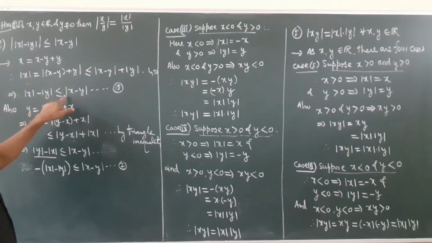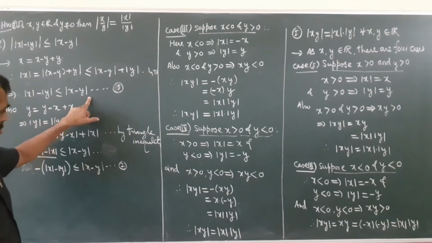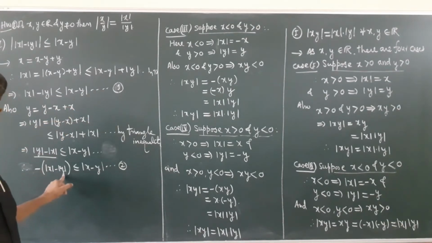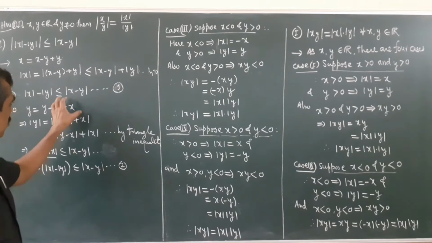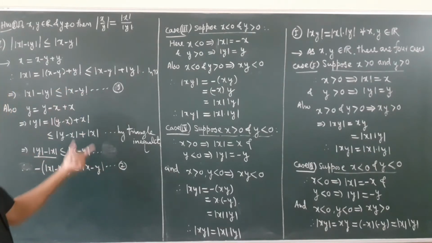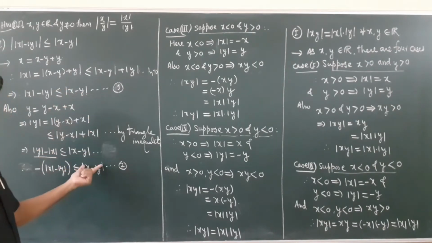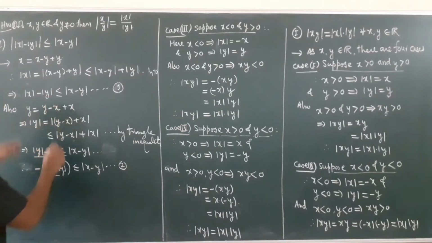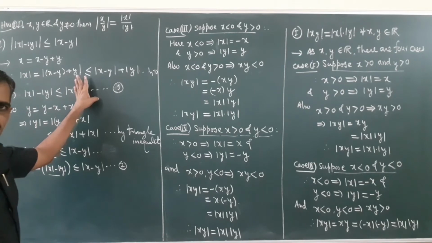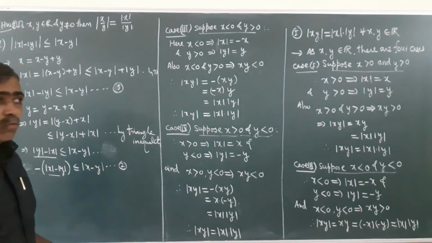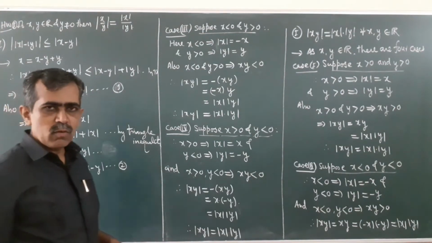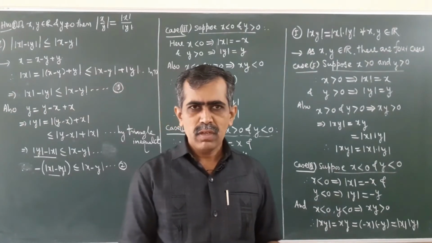Mod x minus mod y less than or equal to this. And here minus of mod x minus mod y less than or equal to the same quantity. So this is a less than or equal to b and minus a less than or equal to b.